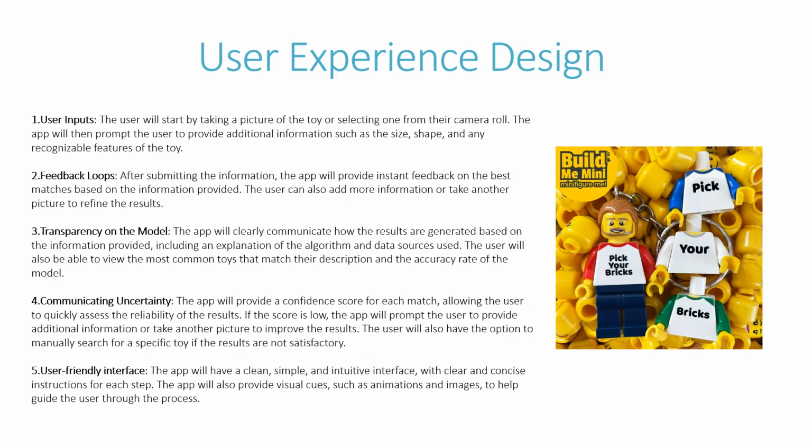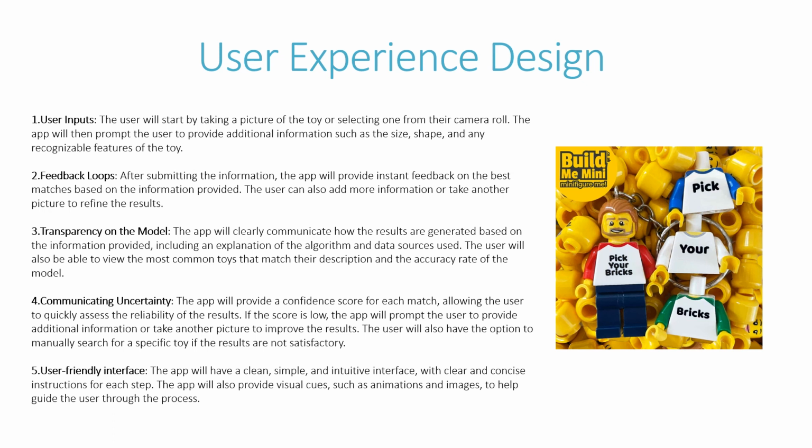So, following to the next step, user experience design. As I mentioned, I have designed 5 steps. The first one is when the user opens the app, and then the user has the ability to take a picture from the app or go to the camera roll on the cell phone and upload an image of the toy he wants to find information about.